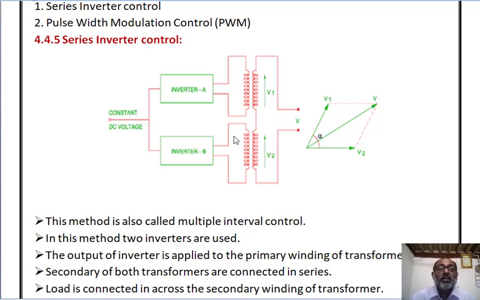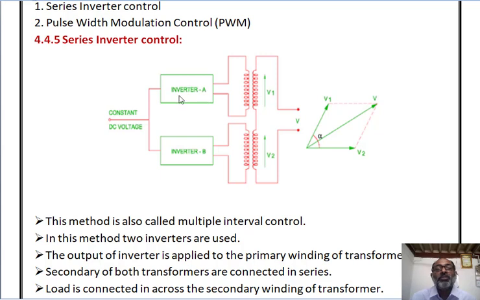This method is also known as multiple inverter control. In this type of method, two or more inverters are used. In this figure we are using only two inverters. The output of both inverters is applied to the primary winding of a transformer.